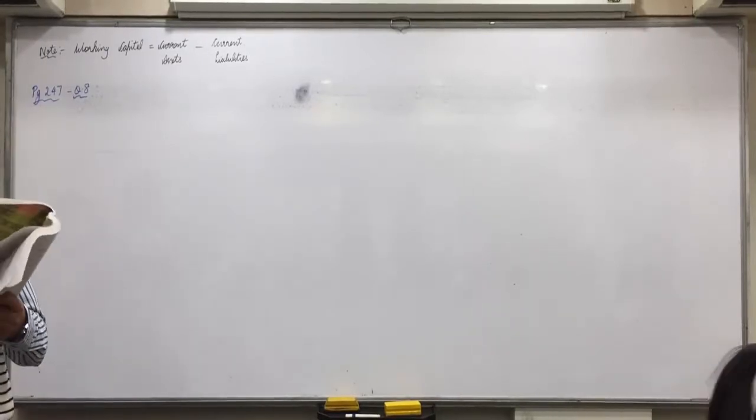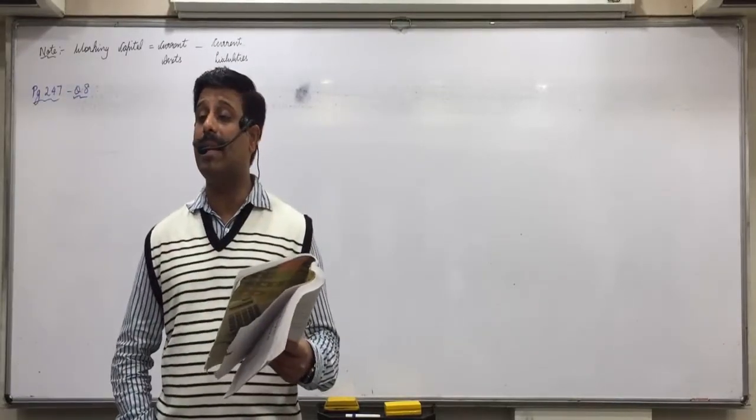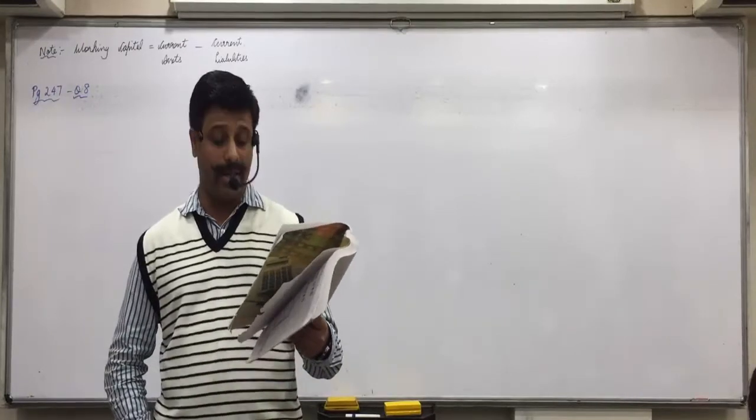So in this question, bad debts reserve is marked as minus from debtors.